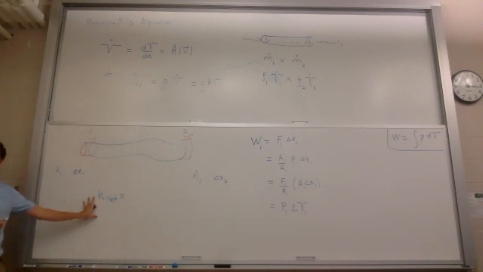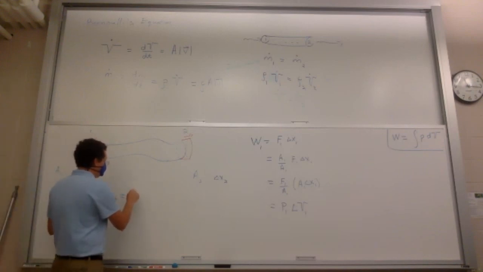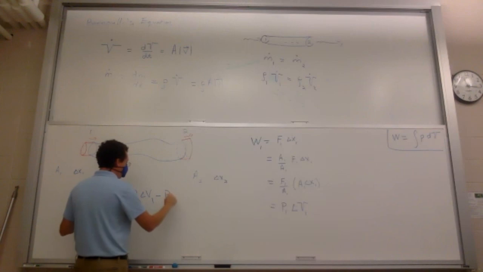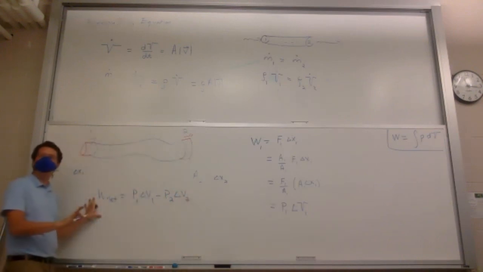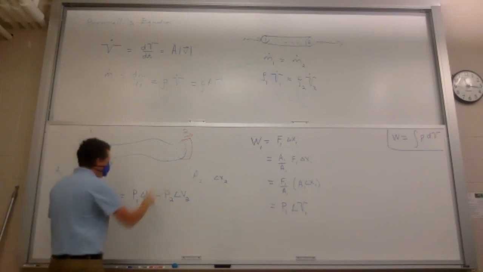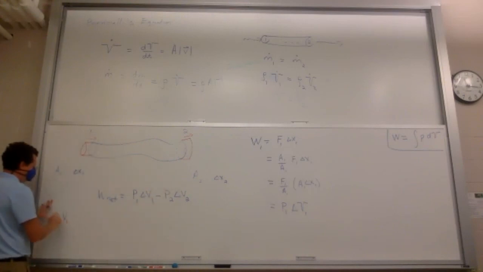I know that the density is the same. I'm going to assume that the volume flow rates are the same, but I don't know about the work. What I do know is that it's P1 delta V1 minus P2 delta V2. That's certainly true.